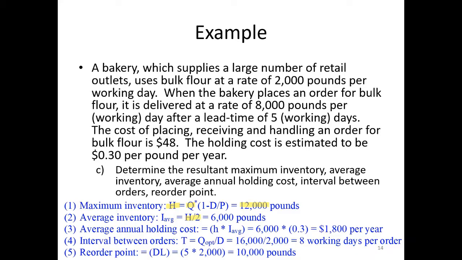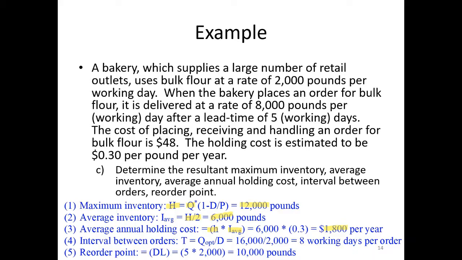Now remember, this term is what we use in calculating the inventory carrying cost. The average annual holding cost is then the multiplication of H times the average inventory value, which is going to be, in this case, $1,800 per year.